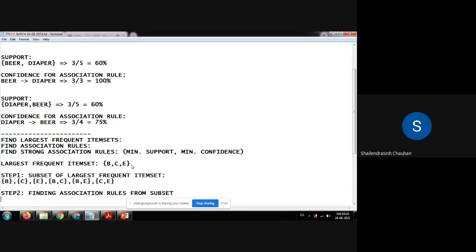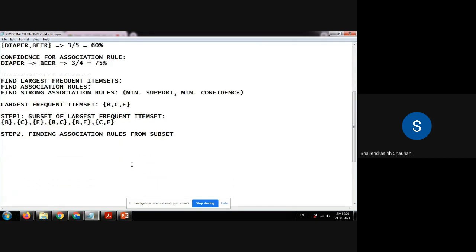Combination rules from subset. How is it possible? First, you need to write down combination of one on left, combination of one on right. So if you are writing B, combination of only one, you need to write down the subset which is having one item except the item on left hand side.